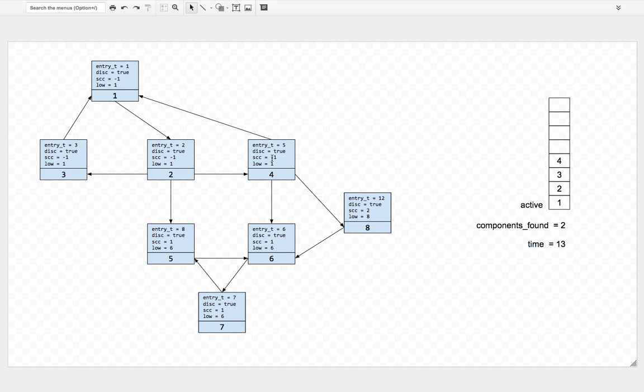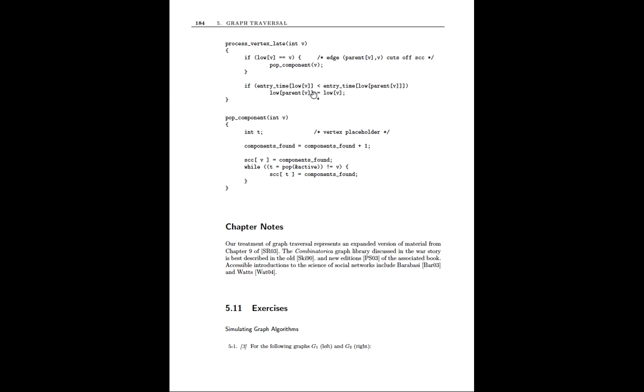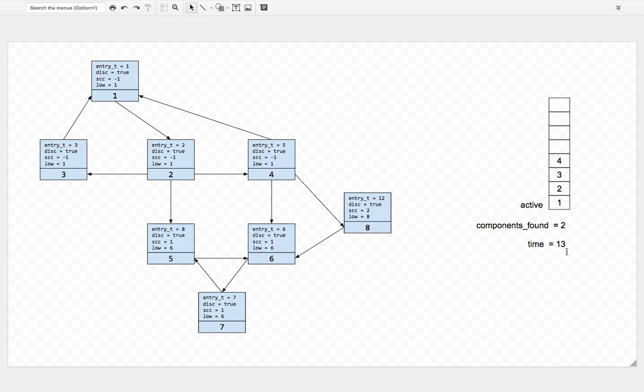The entry time for vertex 1 is 1, and that is not less than the entry time for 4's parent's low. 4's parent is 2. The low of 2 is 1, and 1 is not less than 1. So I don't have to do anything here either as I process vertex 4 late, which means we are done with vertex 4. We increment the time marker as we leave vertex 4 and return to vertex 2.